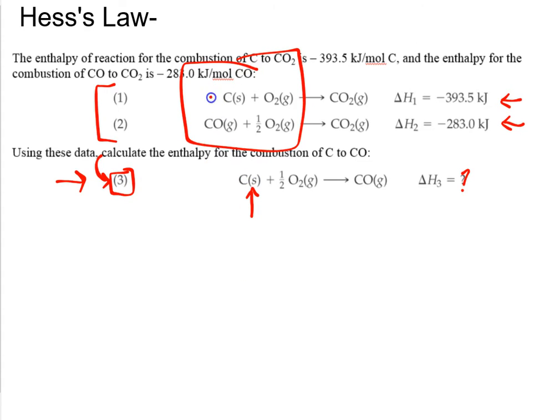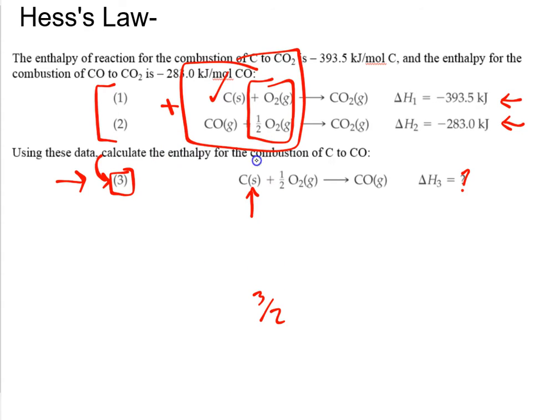Yes, I have it right here. Then, on the left, I have half an O2, but I'm literally going to add these two right here. This would add to how many O2s? 1.5 or 3 halves. So something's wrong here, and we'll fix that in a second.